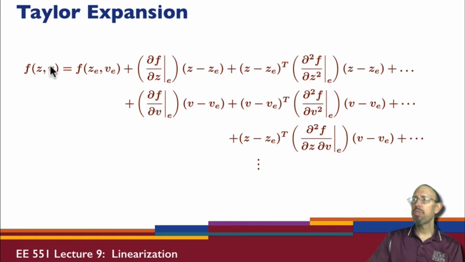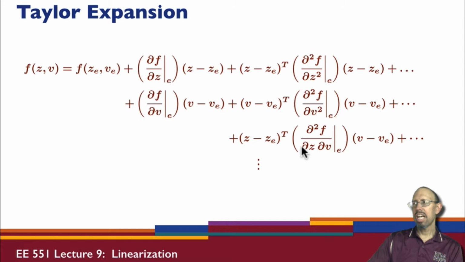Now, notice I have two variables, z and v. So what I did with z, I now do with v: partial derivative of f with respect to v, evaluated at the equilibrium, times v minus ve, and so forth. So I take all the partial derivatives with respect to z, all the partial derivatives with respect to v, and then I have the cross partials. This is the second partial of f with respect to z and v, and so forth.